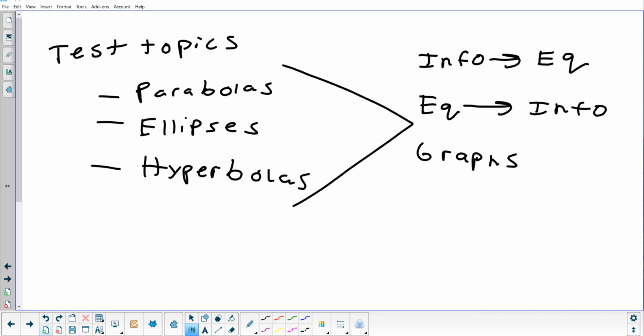You should be able to look at it and find the a, the b, and the c from the picture. So we'll have 3 of these, 3 of those, 3 of those. Questions on that?